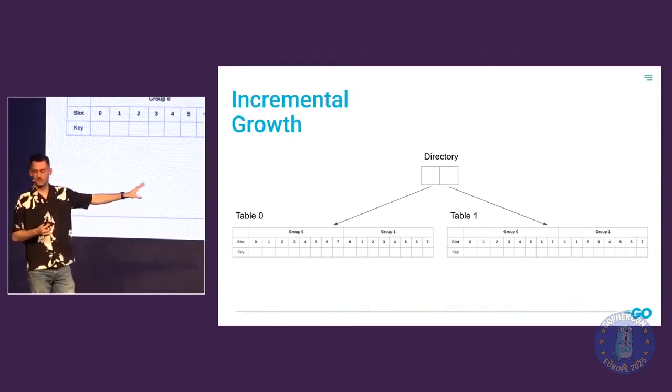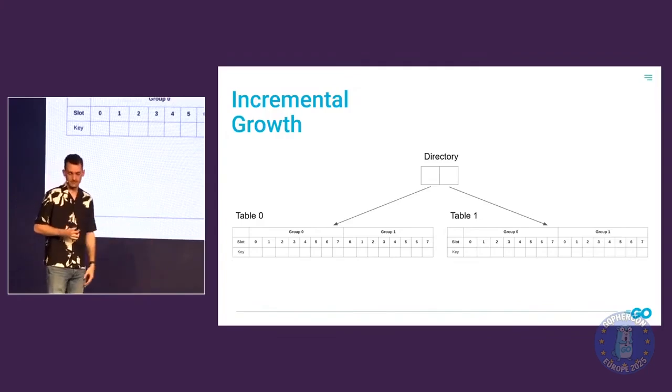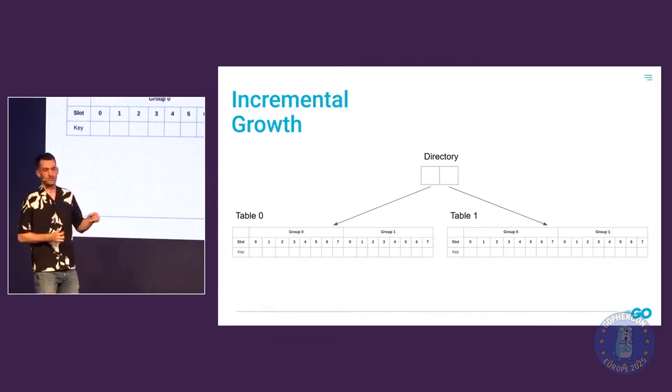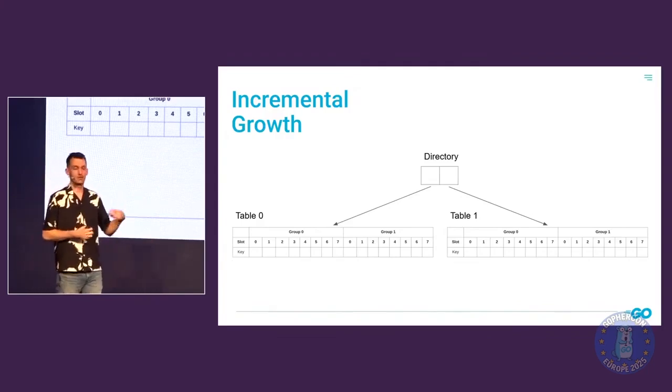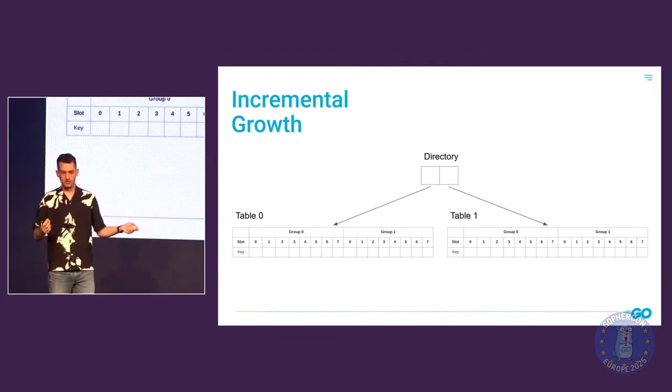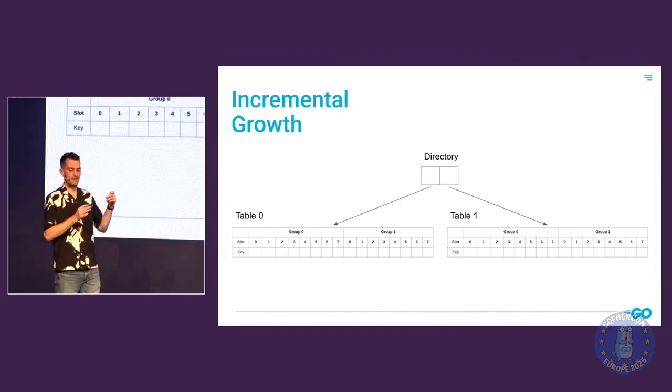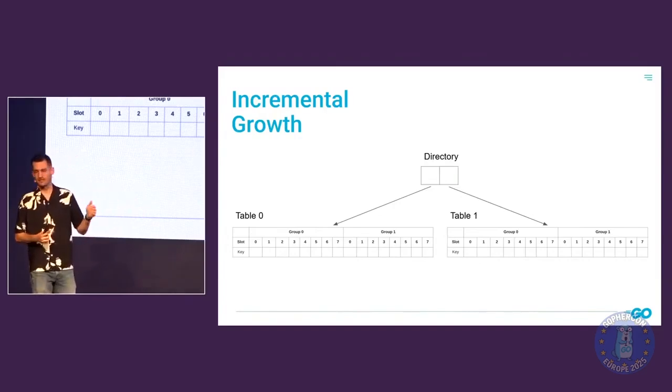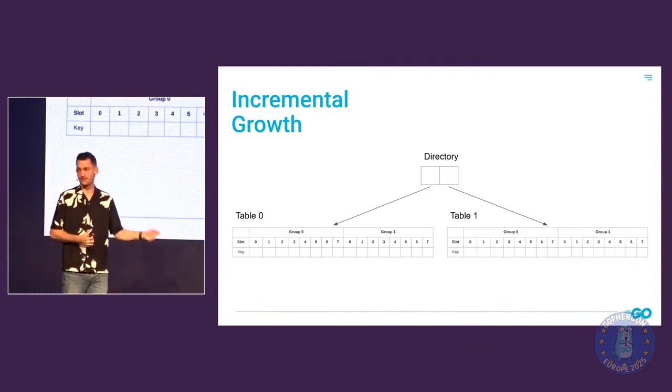But table 1 will be left alone, so we won't have done any copying there. And once a table reaches a certain maximum size, rather than growing that table, we'll actually split it into 2 tables and subdivide the hash space even more. And in this way, we have an upper bound on the maximum amount of growing work that any one insert has to do.